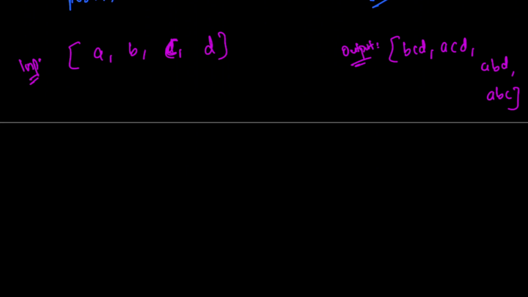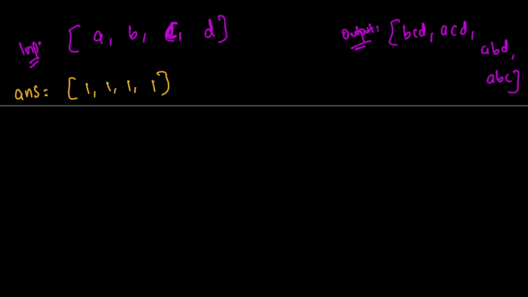I'd have another answer array which has all ones, and then I'd have my prefix and postfix to be 1. So I'll be using these variables to keep track of the current multiplication.